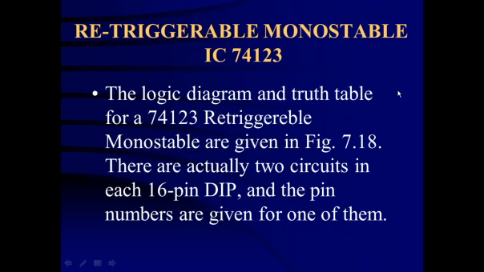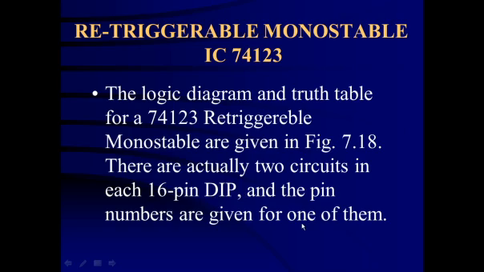Now there is another IC we are going to study, and that is the IC 74123, which is a retriggerable monostable circuit. The logic diagram and truth table for the 74123 retriggerable monostable are given in figure 7.18. There are actually two circuits in each 16-pin DIP, and the pin numbers are given for one of them.